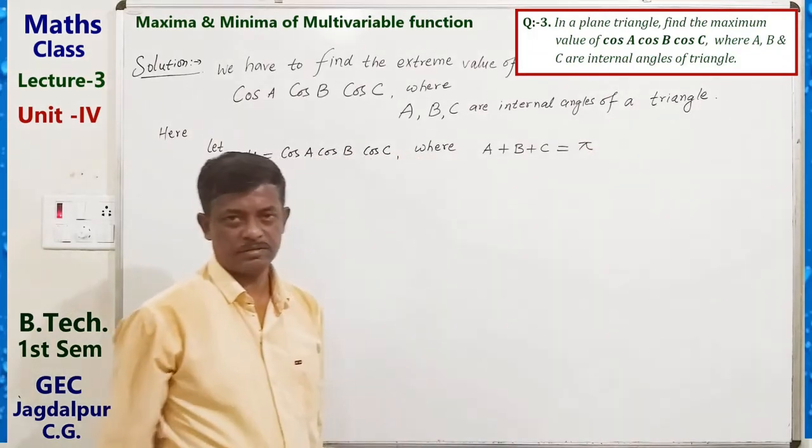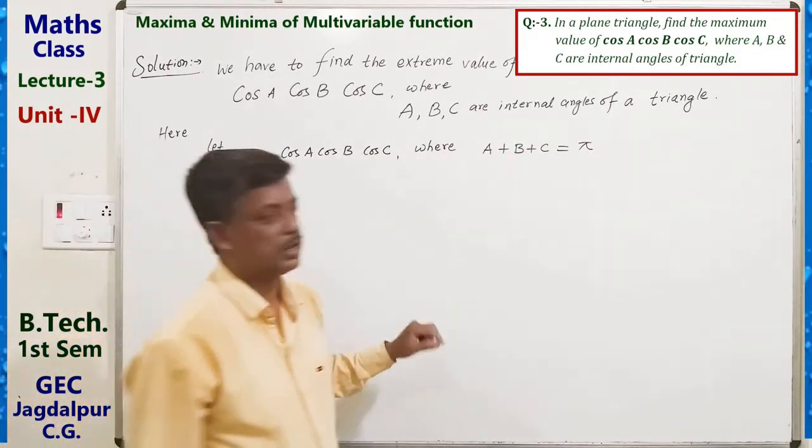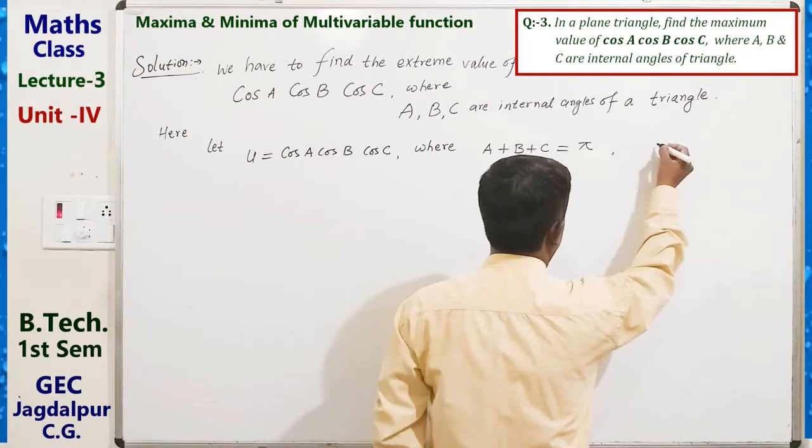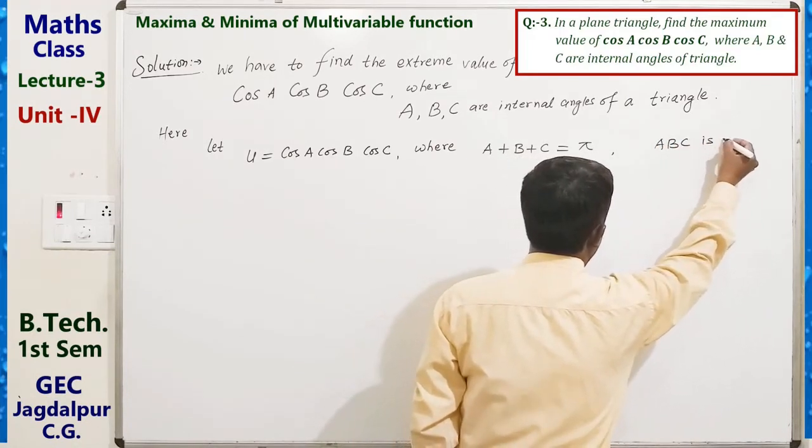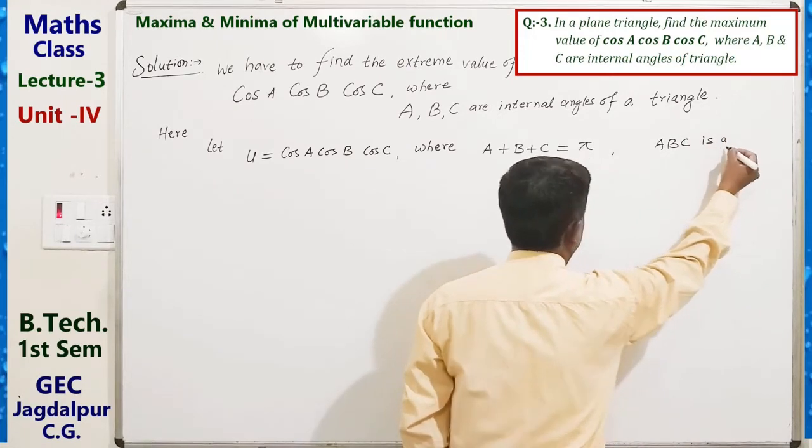In a triangle, because these are internal angles of a triangle, ABC is a triangle.